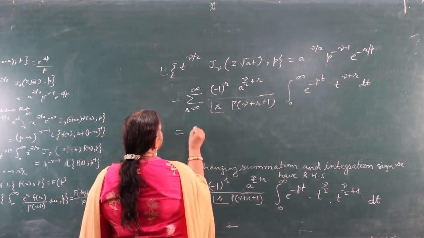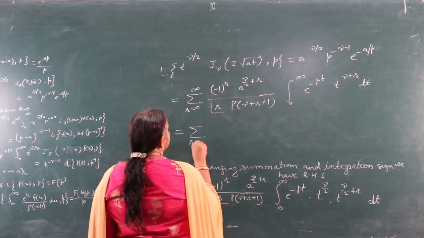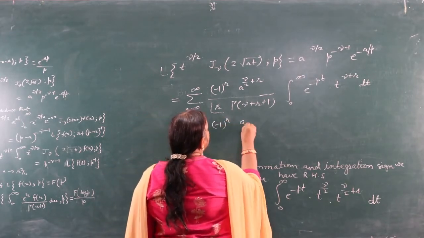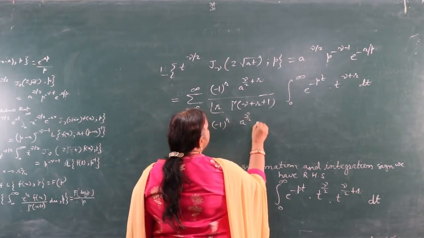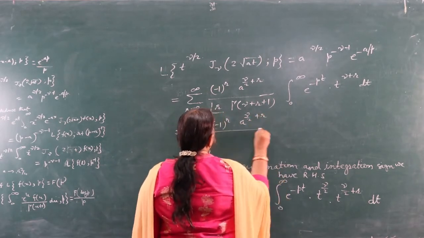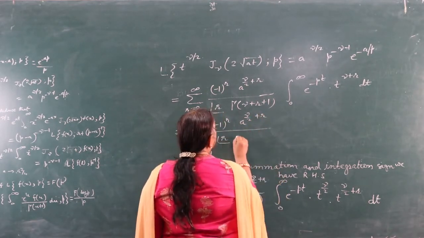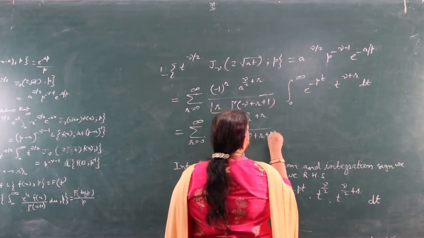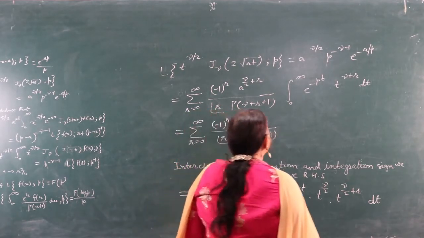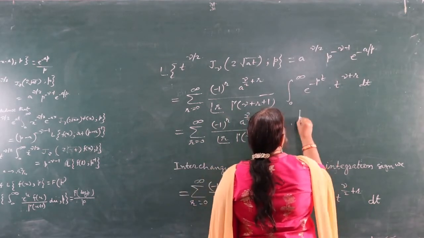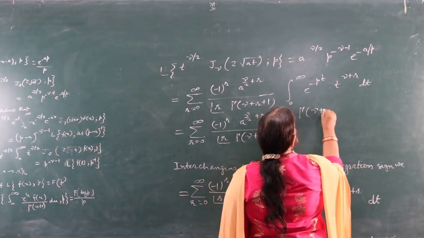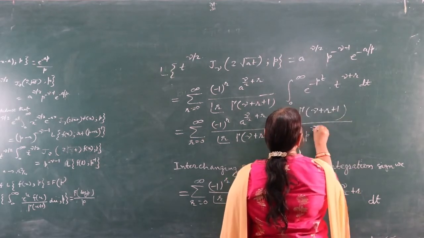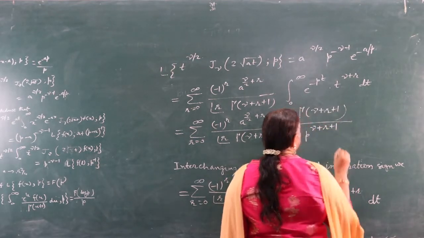So this is equal to summation r is equal to 0 to infinity minus 1 raised to power r a raised to power nu by 2 plus r divided by factorial r gamma nu plus r plus 1 into इसकी वैल्यू हो जाएगी इंटीग्रल की, gamma nu plus r plus 1 divided by p raised to power nu plus r plus 1.